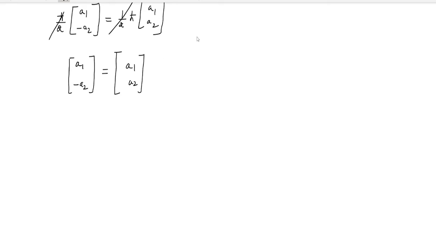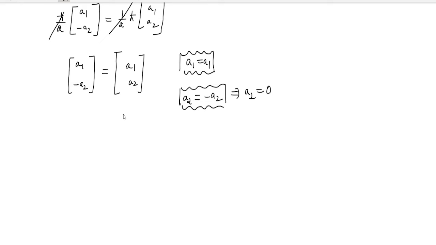What does this mean? A1 equal to A1, this is one equation. A2 is equal to minus A2, this is another equation. By using this equation, we get A2 equal to 0.